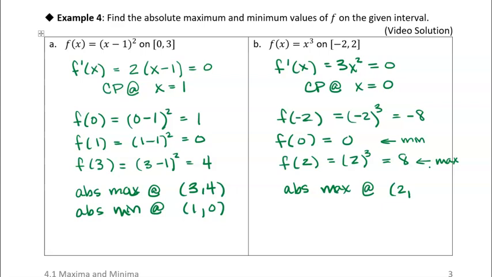And the absolute minimum is at (-2, -8). So on that closed interval from -2 to 2, the absolute minimum and the absolute maximum are both at the endpoints.